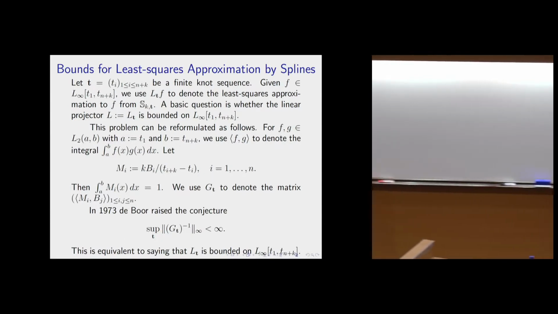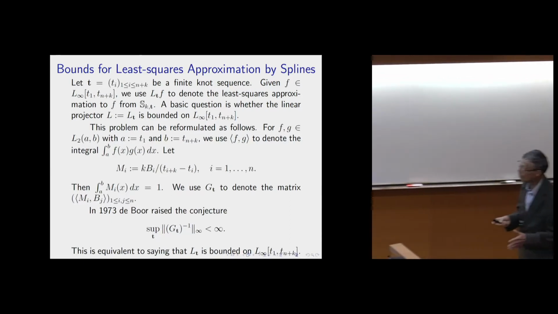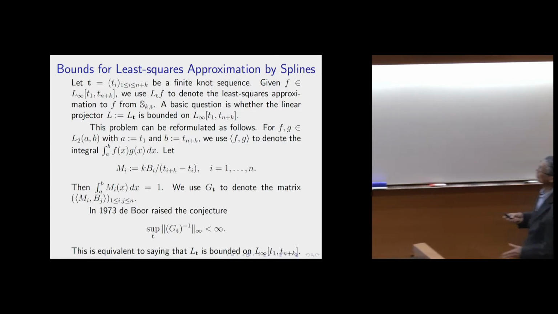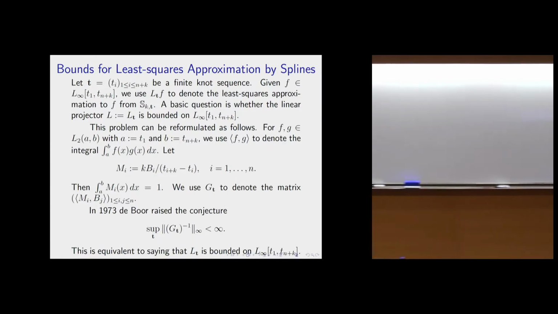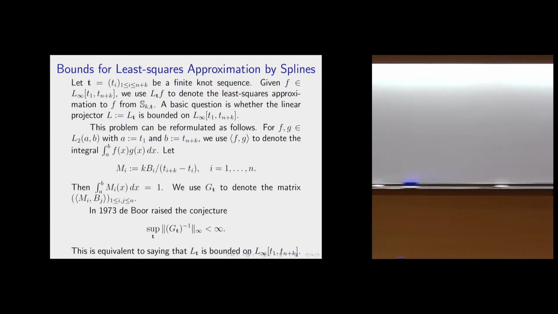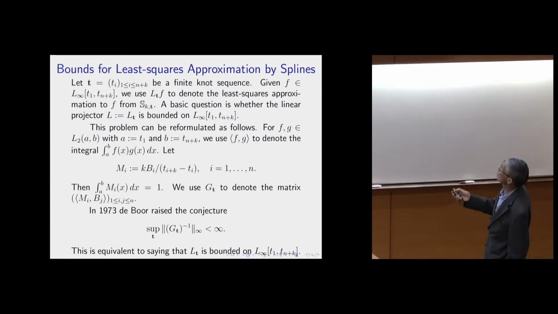This is the point of view of Carl de Boor, he told me. So if we want approximation in the L-infinity norm but use least squares approximation, whether this still gives us a good approximation depends on whether this norm is bounded.